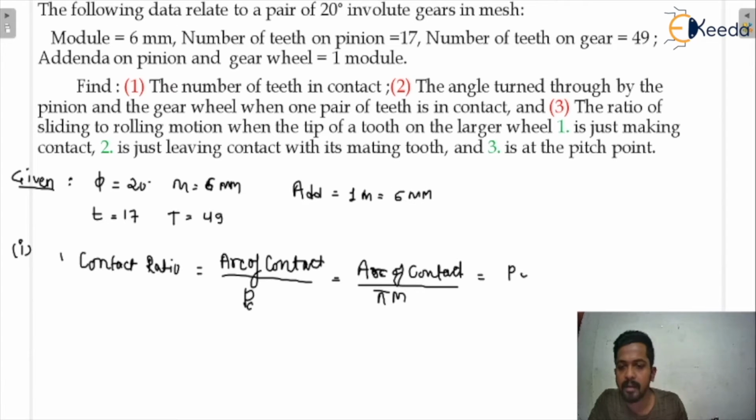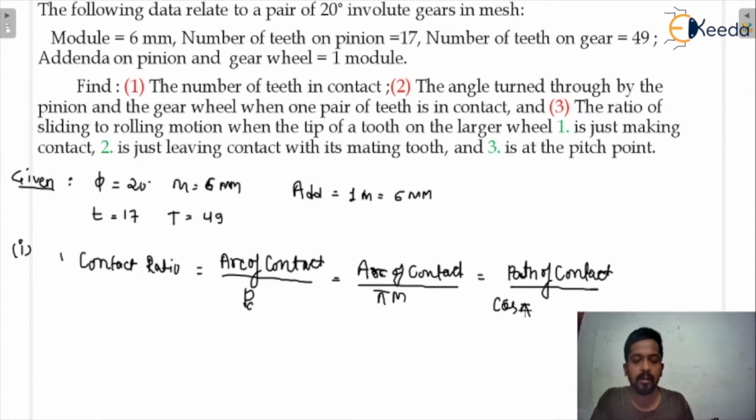So I can write here path of contact upon cos phi, multiply pi into module.